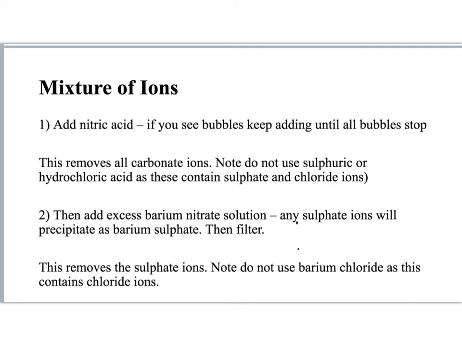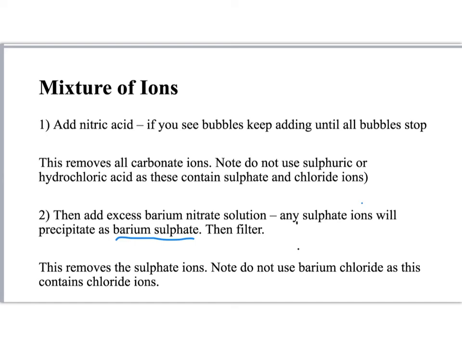So I add barium nitrate, and any sulfate ions will precipitate as barium sulfate. So let's say I see a precipitate, I say, okay, well I must have sulfate ions there, and now I want to test for chloride, bromide and iodide. So I've got to remove that white precipitated barium sulfate, so I filter it off. And that's removed all my sulfate ions.